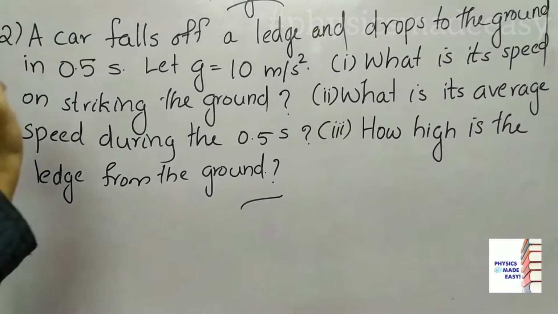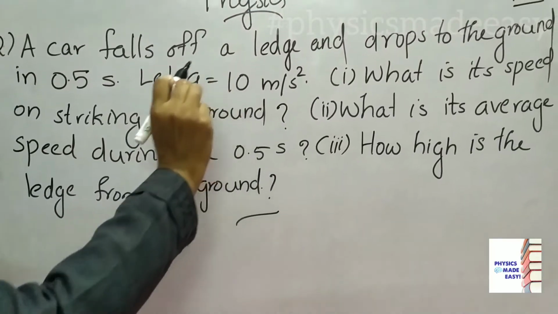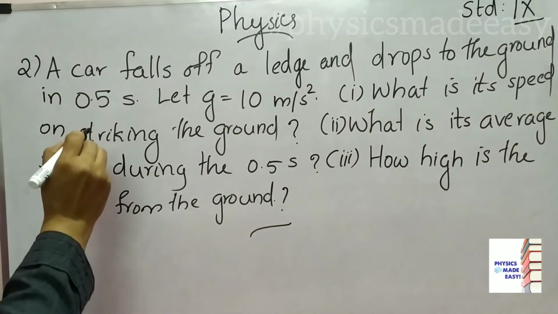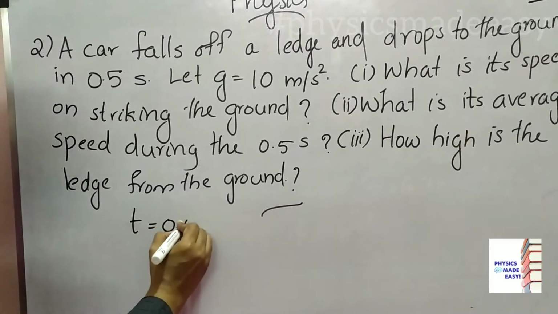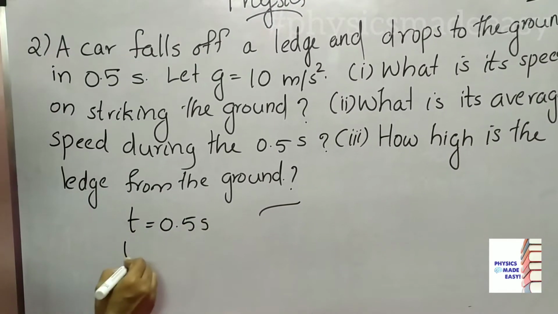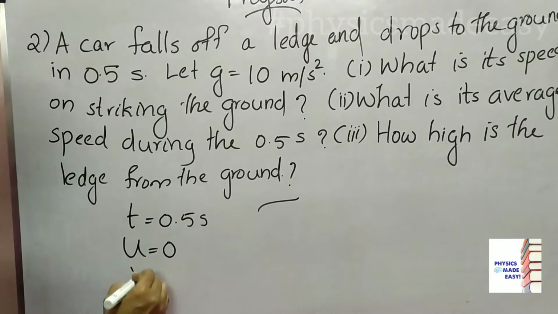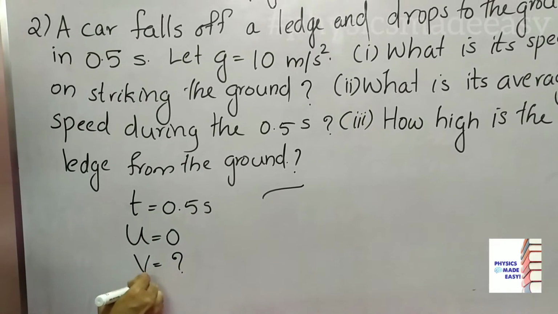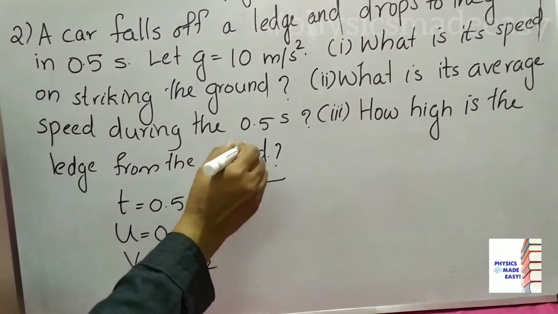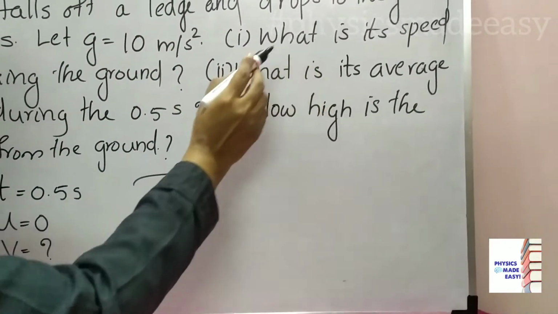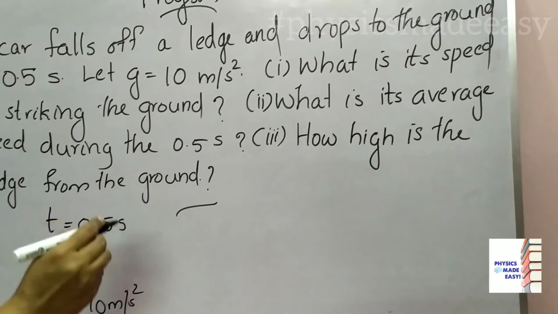Here it is given as a car falls off a ledge and drops to the ground in 0.5 second. From this we can write T is equal to 0.5 second, U is equal to 0. We have to find V. G is given as 10 meter per second square. So the first one, what is its speed on striking the ground?